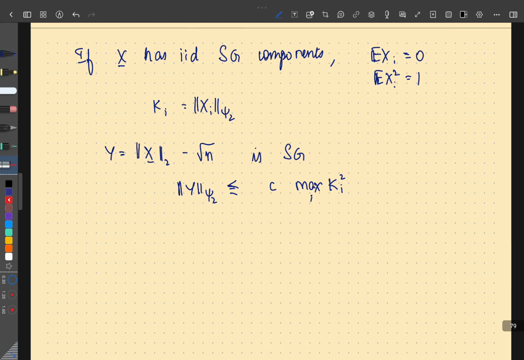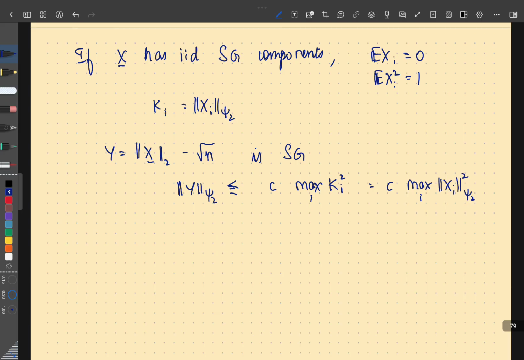Remember that on the left hand side I have the subgaussian norm. This is upper bounded by some constant times the max over i of the subgaussian norm squared of xi.